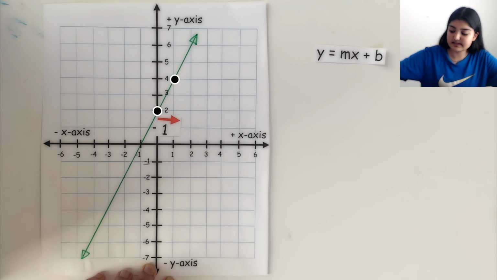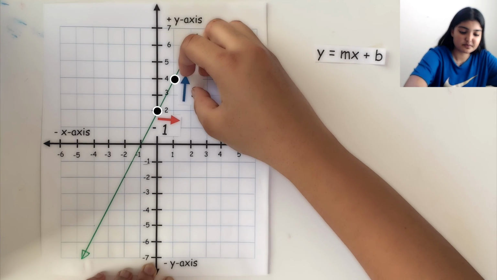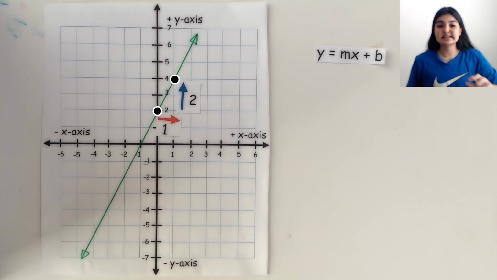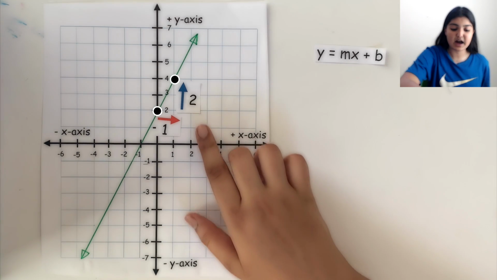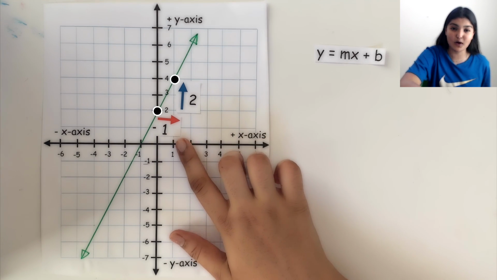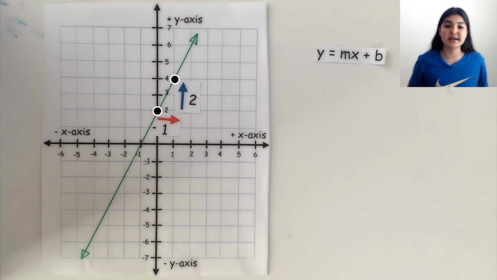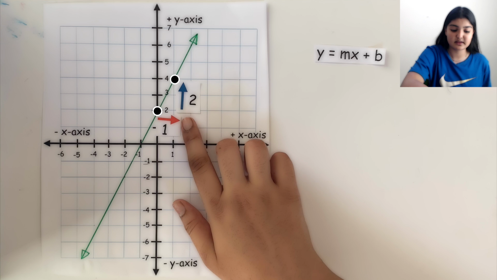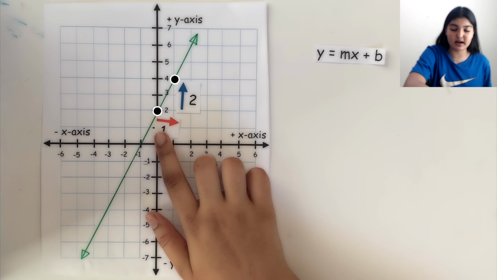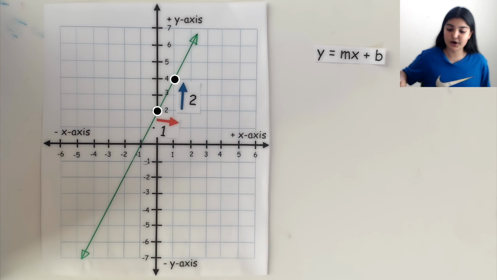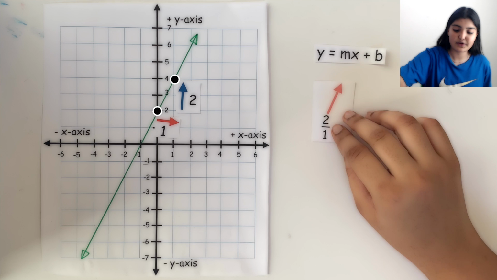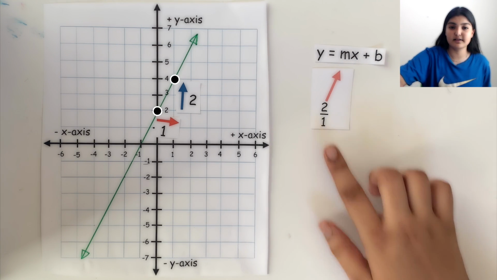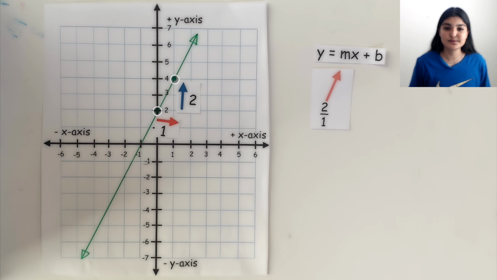Well, we rise 2 units. This gives us a slope of 2 over 1, since we can calculate slope by the rise divided by the run. So the slope, or the value of M, is 2 over 1, or 2.